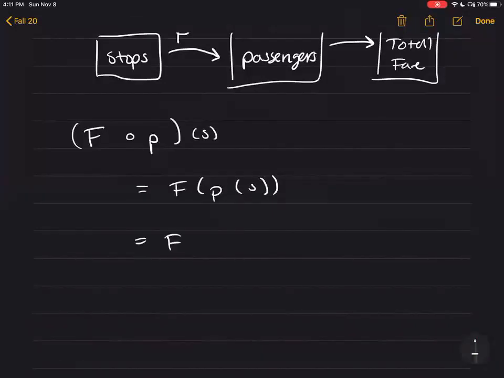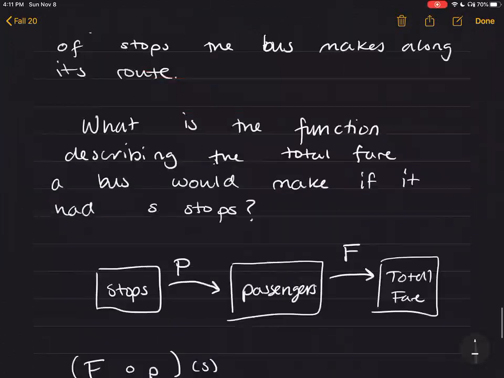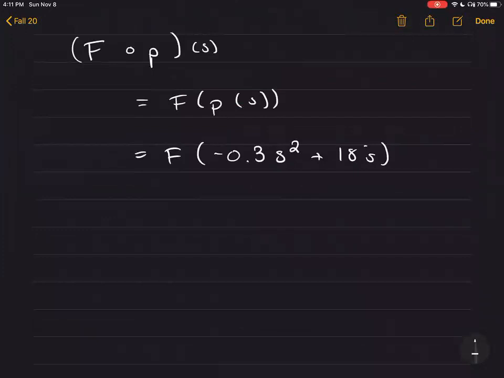And so if we do this explicitly, we get F of negative 0.3 S squared plus 18 S. Yes, that is our function. And then we're going to apply F to it, which just multiplies it by 3. So we get this. Excellent.